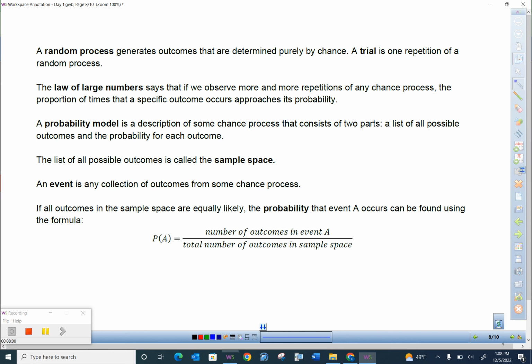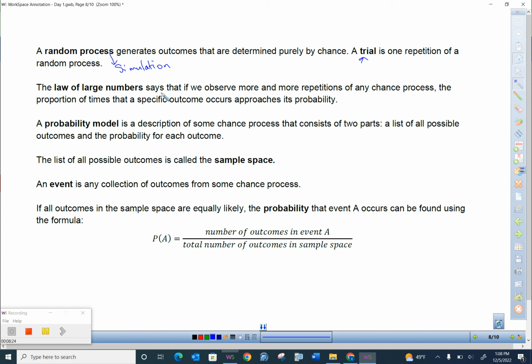Okay, we're going to go over some vocab. We've already talked about a lot of this, but I'm just going to add some extra examples. A random process generates outcomes that are determined purely by chance. This is also called an experiment or a simulation. We did that with our dice, rolling them 20 times. And then a trial is just one repetition, so that's one roll of a die, or in our case, 2 dice.